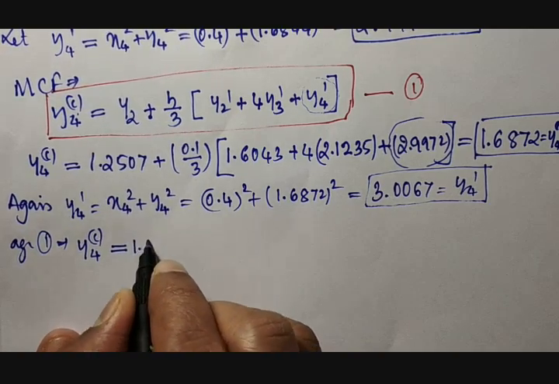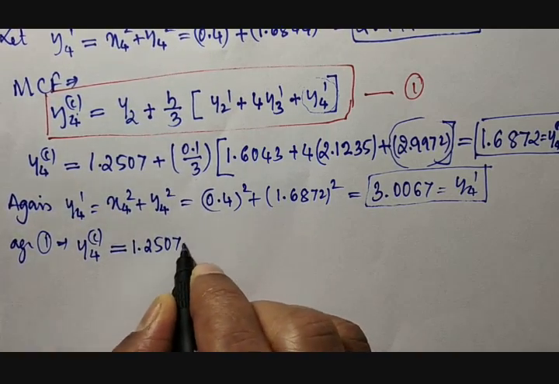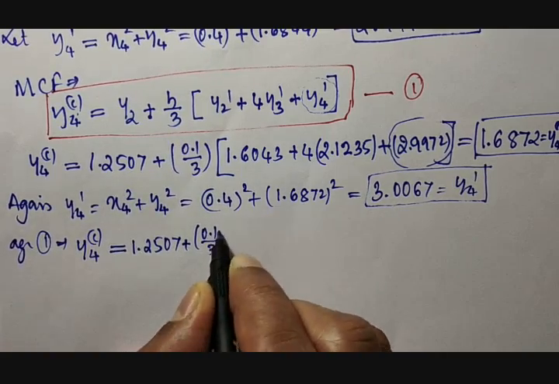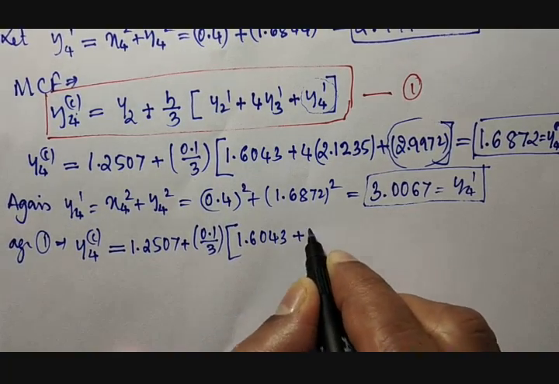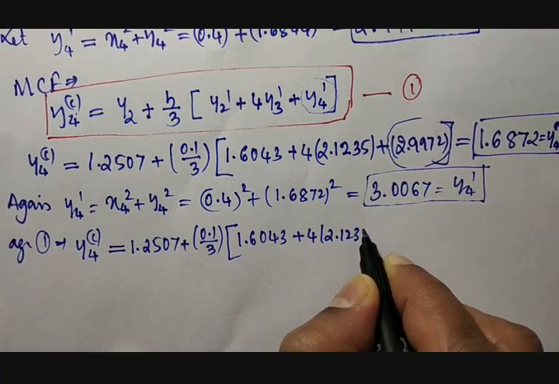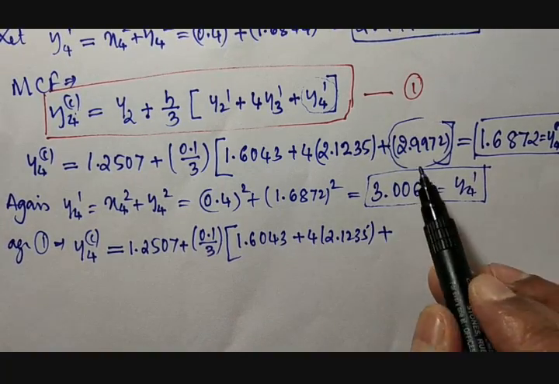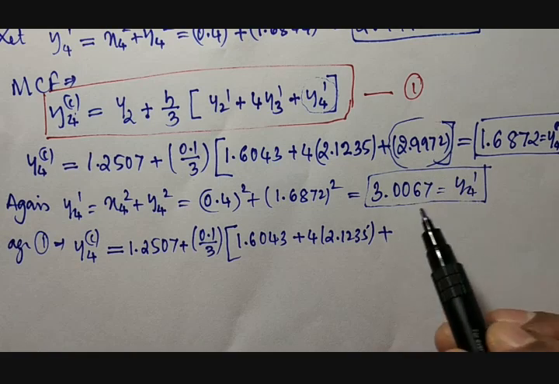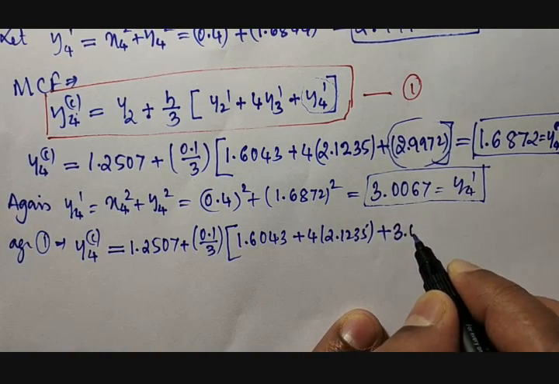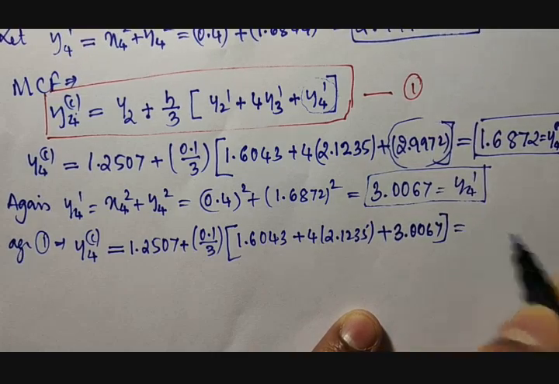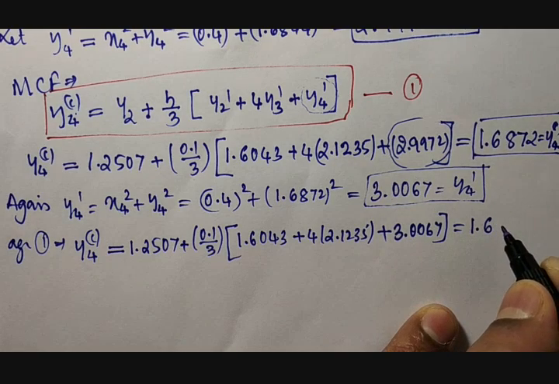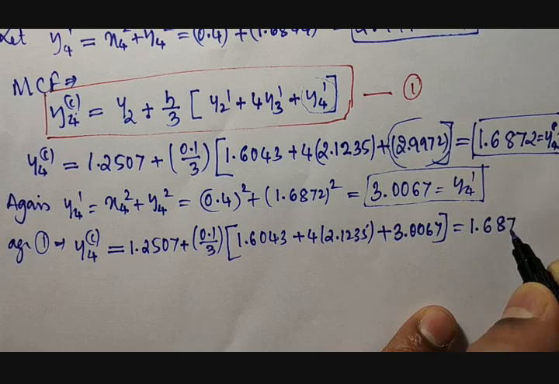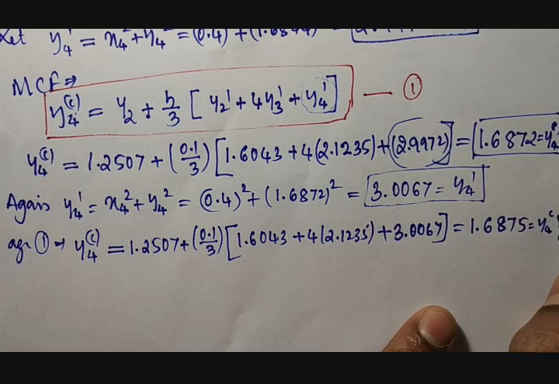Therefore 1.2507 plus 0.1/3 into 1.6043 plus 4 into 2.1235 plus 2.9972 will be replaced by 3.0067, which is equal to, calculate, this result is equal to 1.6875. So this is a correction.